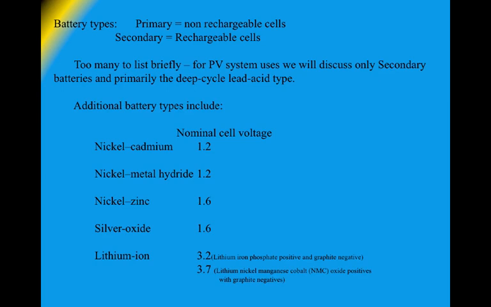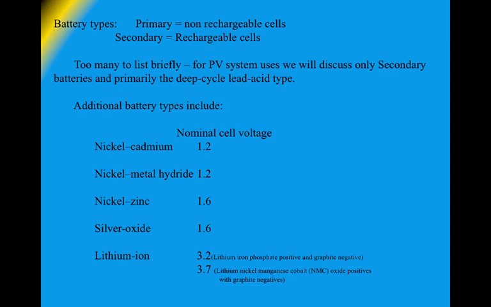We're going to be talking about secondary cells because we're into battery capacity and storage for long-term applications in photovoltaic systems. Secondary cells are the rechargeable cells. Now, there are far too many to list briefly, and for PV systems, we're really only using secondary cells.